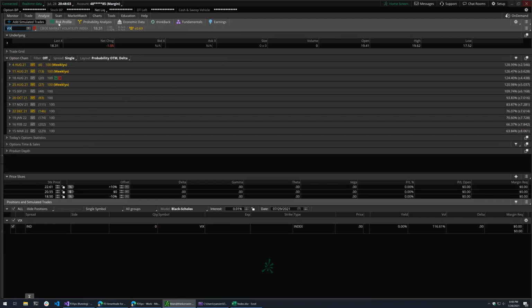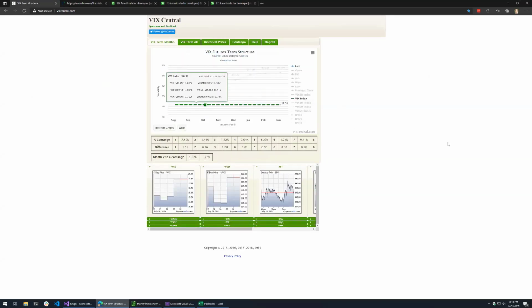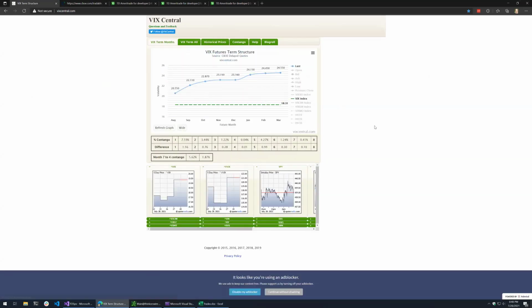The VIX right now is around 18. And we know in thinkorswim, by looking at VIX Central, that the futures are above the spot price, right? So over time, the front month contract is going to converge into the spot price.